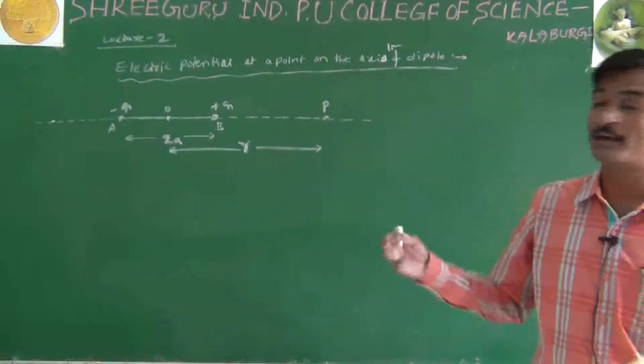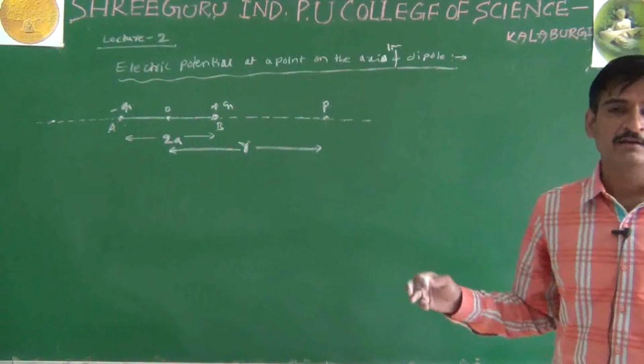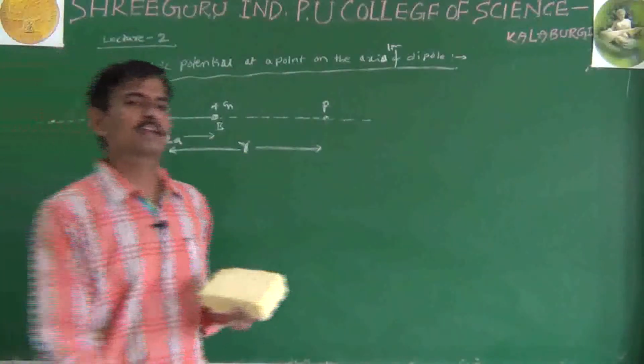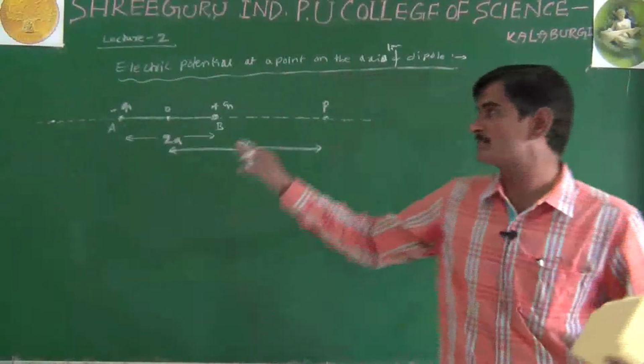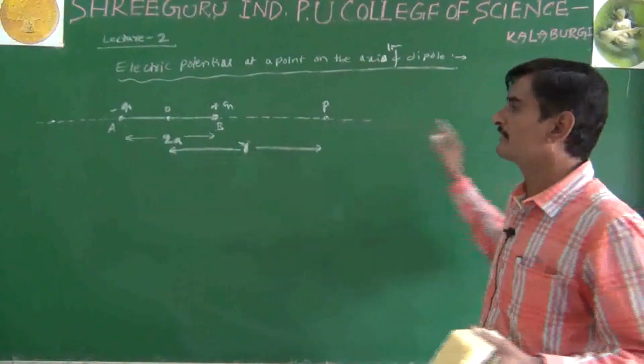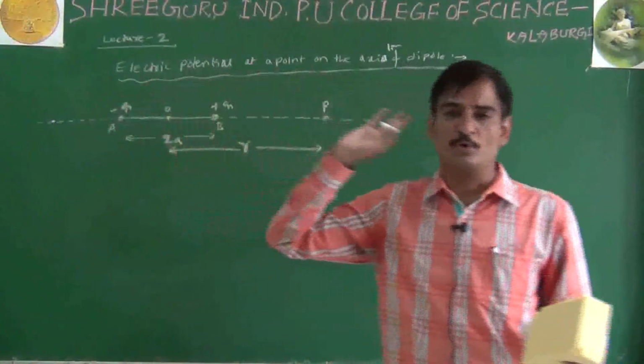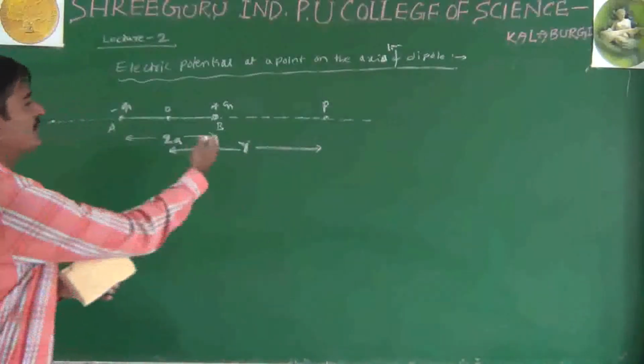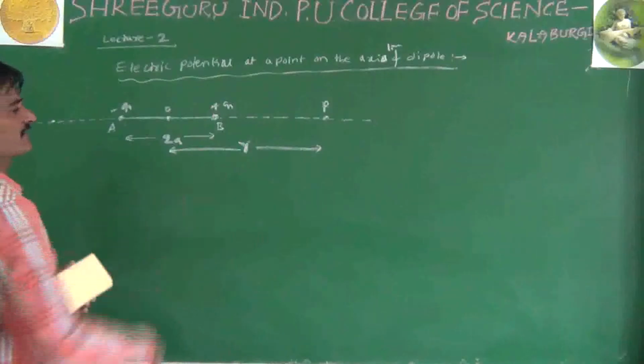But if it is a vector quantity, we cannot add so simply; we have to use vector addition. You did that for the derivation of electric field intensity on the axial line of an electric dipole in the first chapter. That is a little different, and this is very simple. This is just algebraic addition.